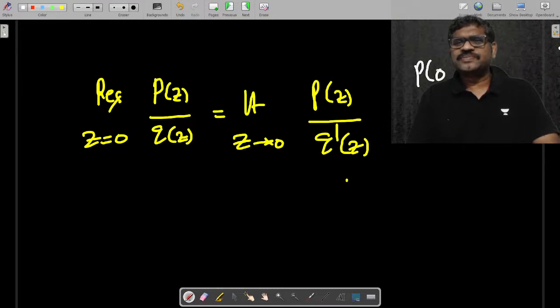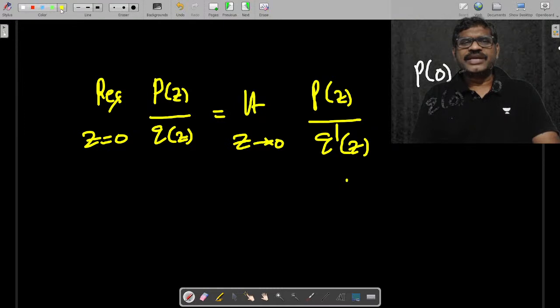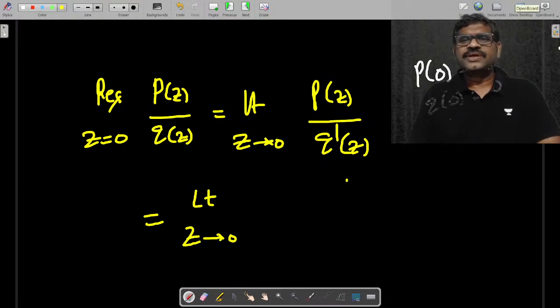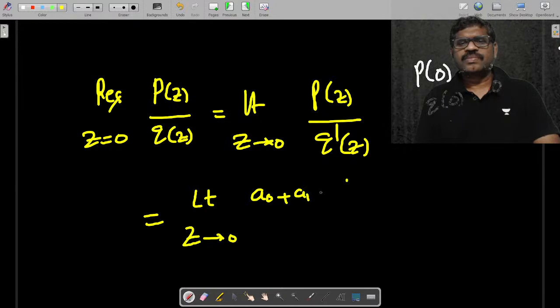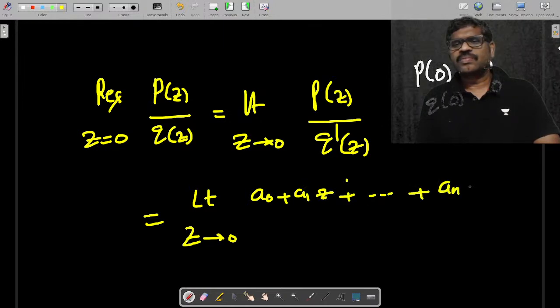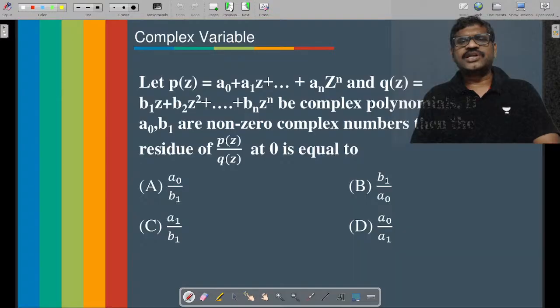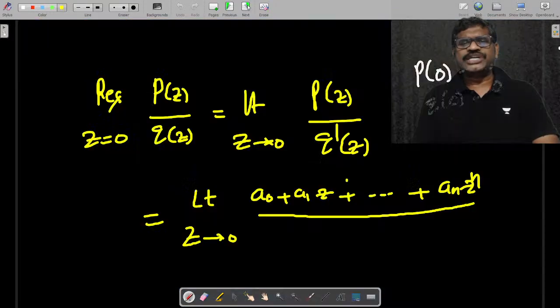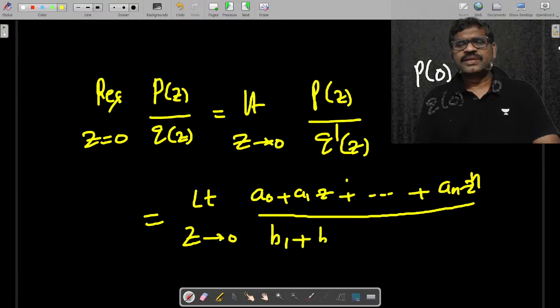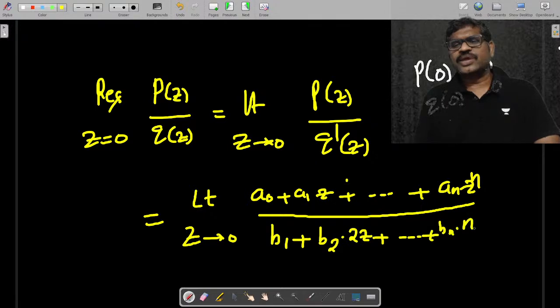P of z you write as it is, a naught plus a1 z plus an z power n, by differentiation of denominator, b1 plus b2 into 2z plus and so on, bn into n z power n minus 1.